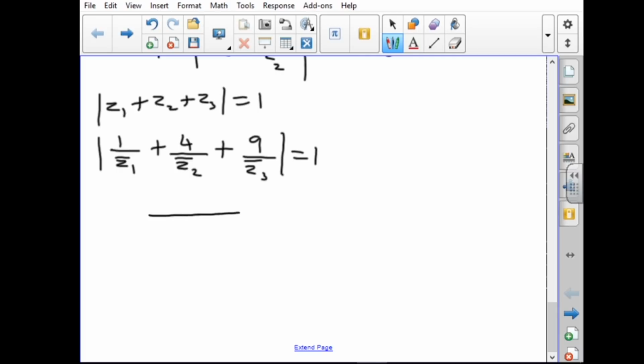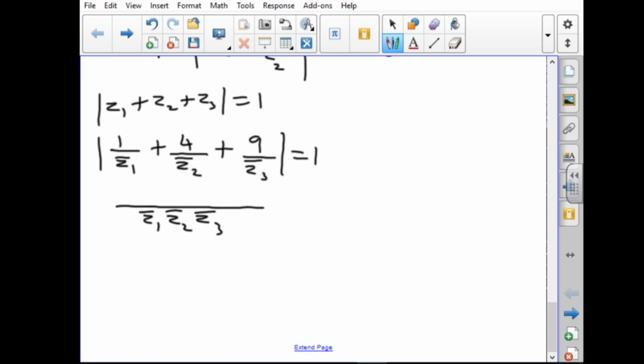So the LCM is z1 conjugate into z2 conjugate into z3 conjugate.